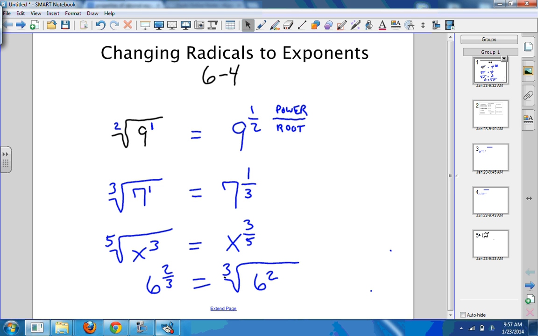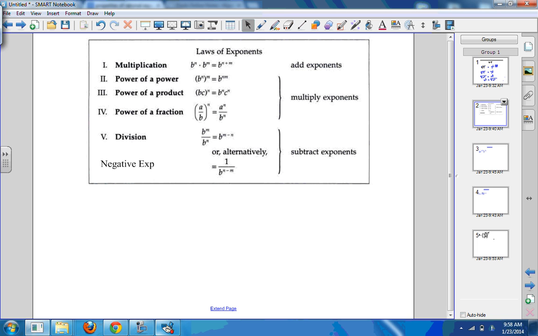So we're going to work on changing radicals to powers, powers to radicals, and also working through some of the properties of exponents. So we need to review really quickly some of the laws of exponents. The first one, I think everybody remembers pretty well, is the multiplication property.